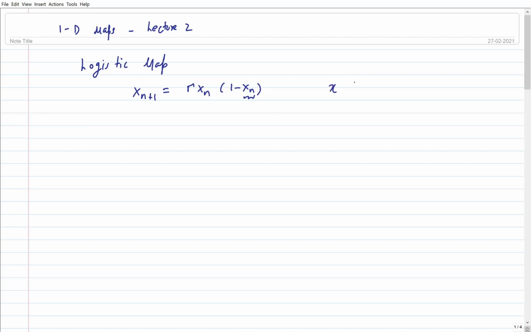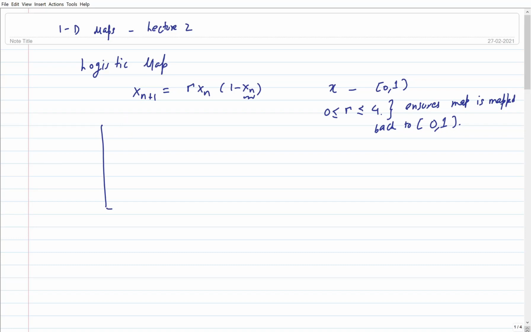Just reminding you, x was in the range 0 to 1, and we chose r to be in this range, and this ensured that the map gets mapped back to 0 to 1.